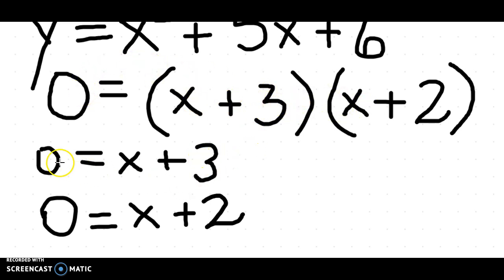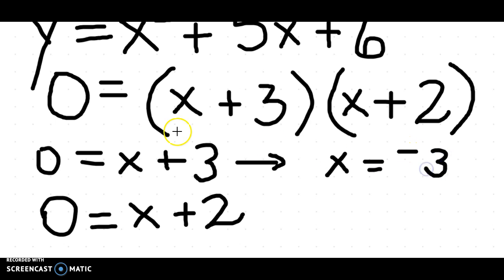So without having to do a complete equation, we know that this x value would equal, and you're saying it, -3, right? Because -3 plus 3 would give me a value of 0. Here, you're saying it already, x has to be -2, because -2 plus 2 would give me the 0.